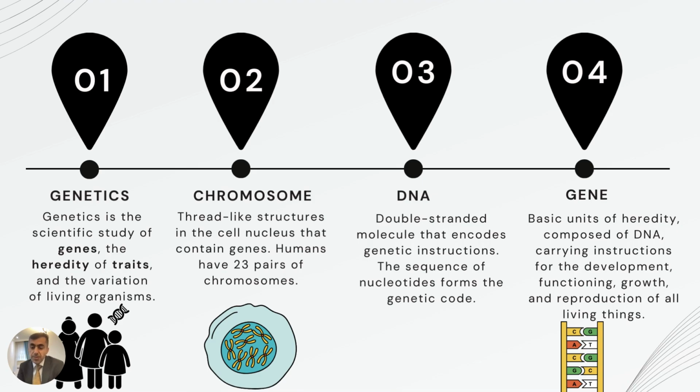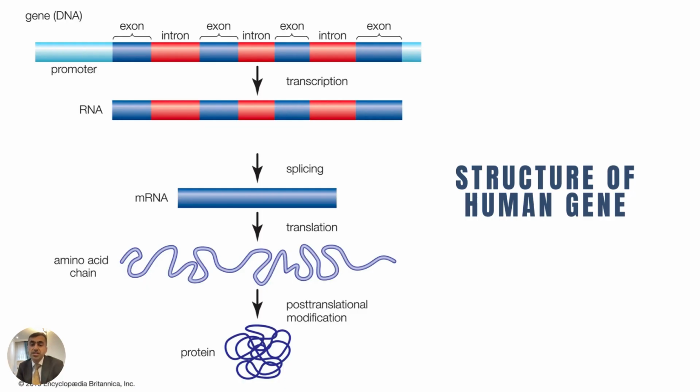So, what is the structure of a gene? A gene consists of a promoter, exons, introns, and also regulatory sequences plus enhancer sequences. Here, we try to highlight the promoter, exon, and intron sequences.